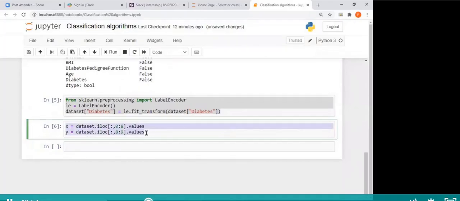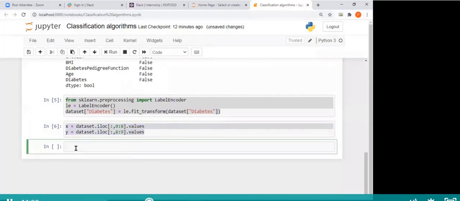Now, the next step is to split the data into X train, Y train, X test and Y test.